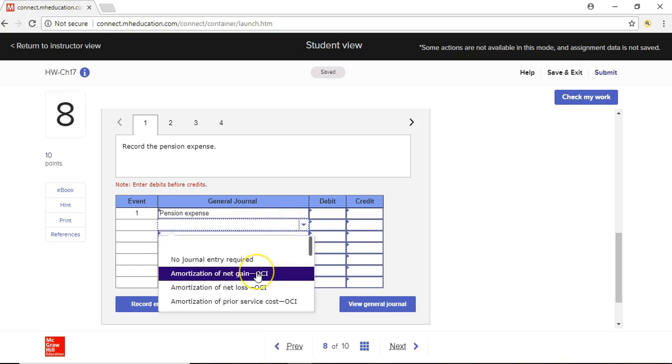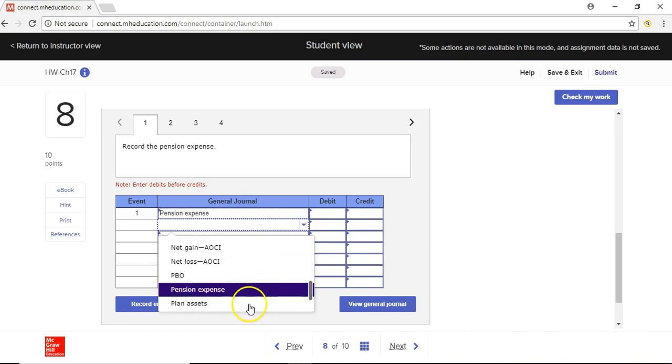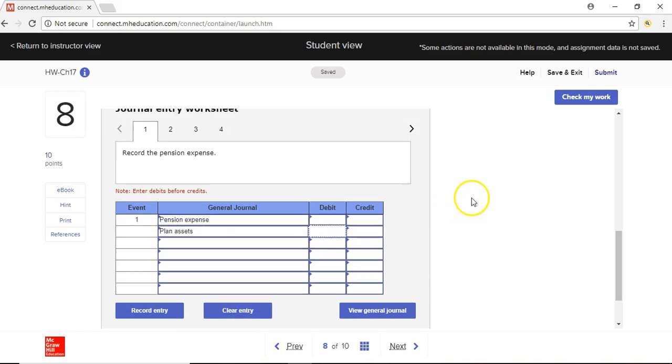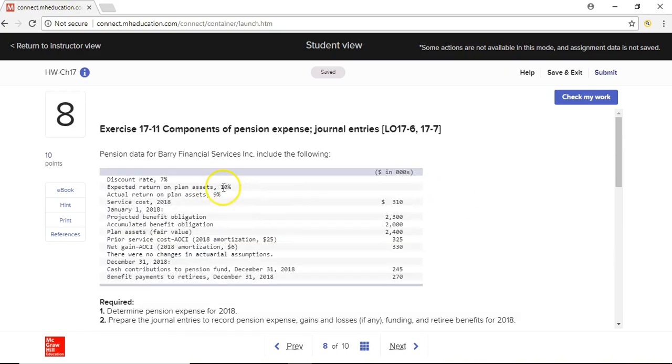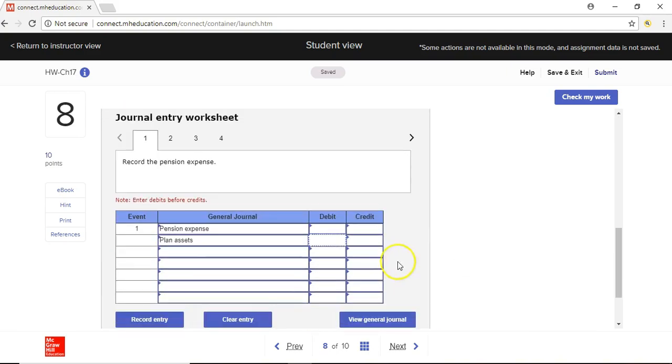On that debit side, we also have expected return on plan assets. So debit plan assets of 10% of the beginning plan assets, $240.